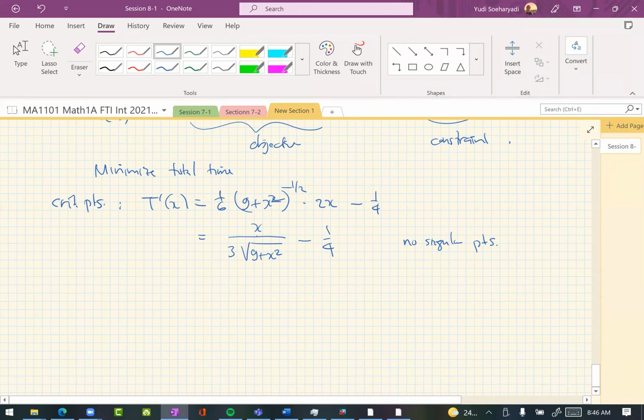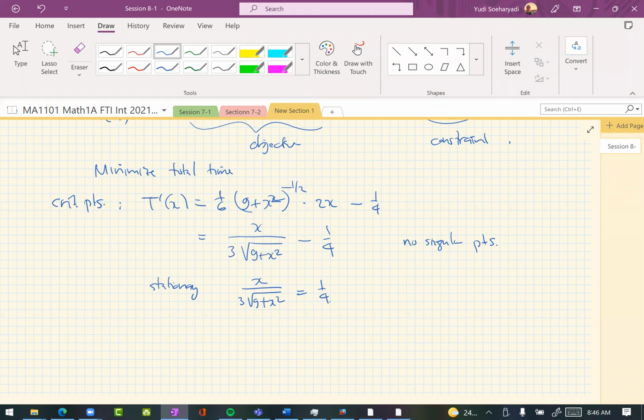There's no way you can have this denominator equal 0. This is always positive. So the only thing is the critical point, the stationary point. So you solve this one.